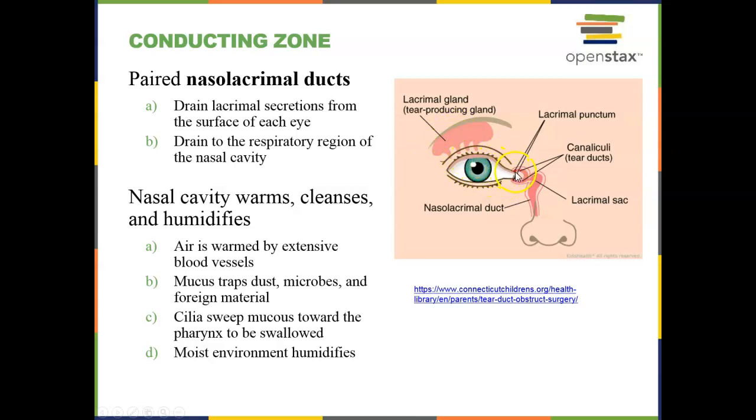And then the tears drain into this nasolacrimal duct, which moves down into the nasal cavity and then drains down the nasopharynx and through our esophagus, right? So this actually moistens the air that's moving into the nasal cavity. This is important because we want moist, warm air moving into our lungs. We don't want cold, dry air, because that would be more damaging, okay?